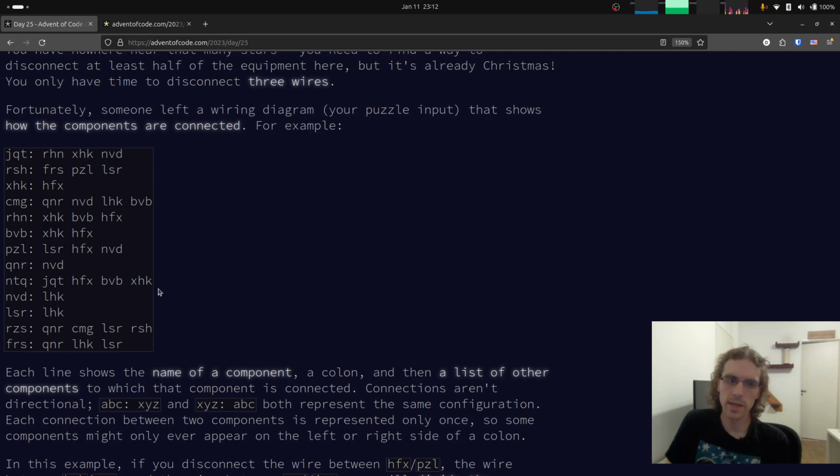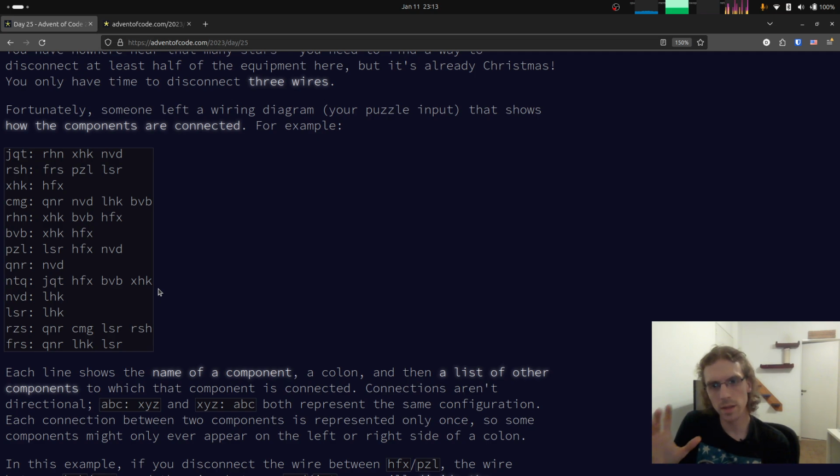we just take all the possible combinations of 3 edges and try them, try removing them from the graph, each combination of 3 edges, and see which one of those separates the graph into 2.